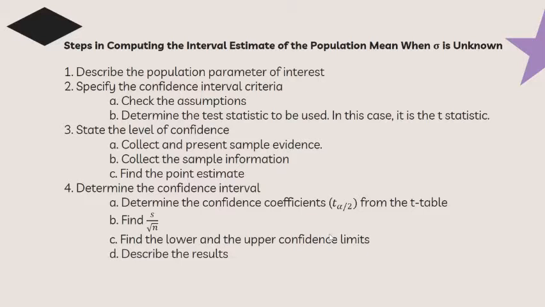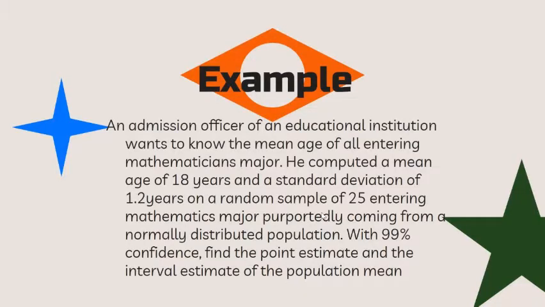First, determine the confidence coefficient, that is t sub alpha over 2 from your t-table. Then find the sample standard deviation over the square root of your sample size n. Then find the lower and upper boundaries, or confidence limits. Lastly, describe the results. So let's have an example to understand this better.